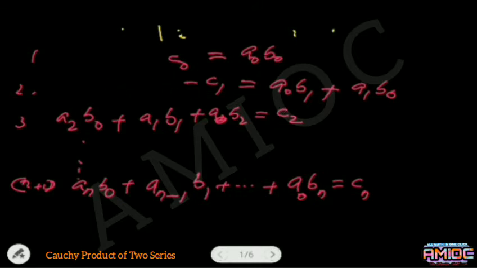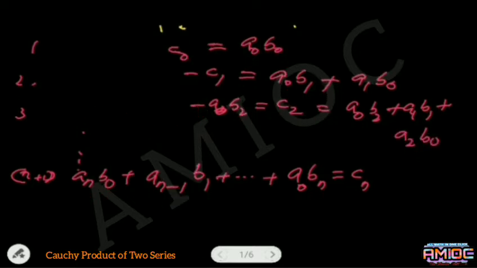Now c2 equal to a0 b2 plus a1 b1 plus a2 b0. I am just erasing this side.